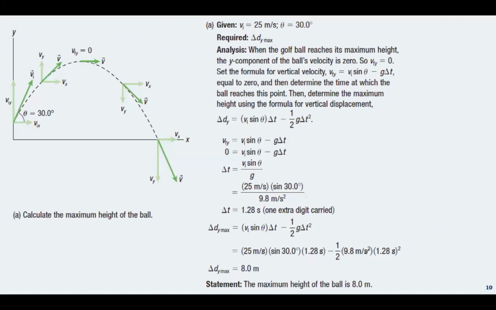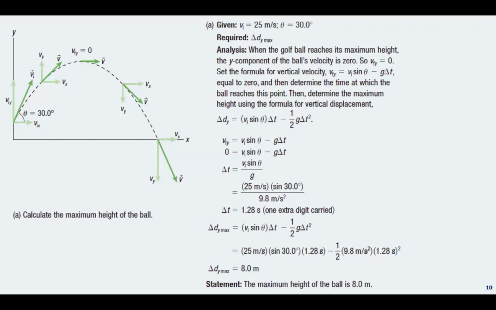Okay, so let's have a look at the solution of this problem. First of all, you have to choose a reference point, right? Suppose we choose the golfer's initial position as a reference point, then the maximum height of the ball is the highest height of the ball with respect to the golfer at its initial position.